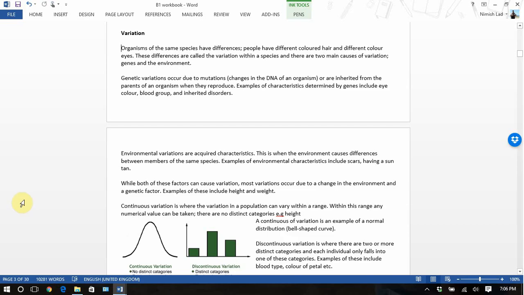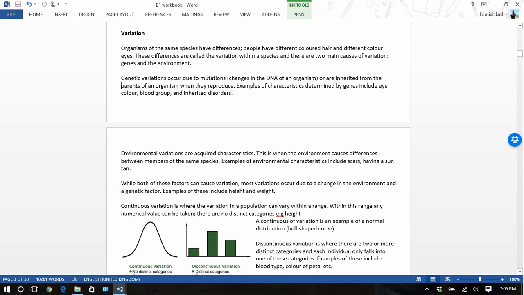So eye colour, blood group, or inherited disorders, all of those are genetic variations. Environmental variations are things we acquire, so things like scars or having a suntan. Well, both of these can cause variation. Most variations occur due to a change in the environment and a genetic factor, like height and weight.